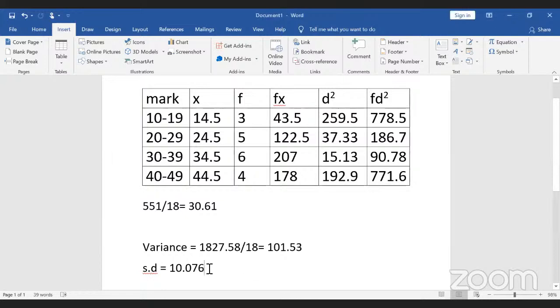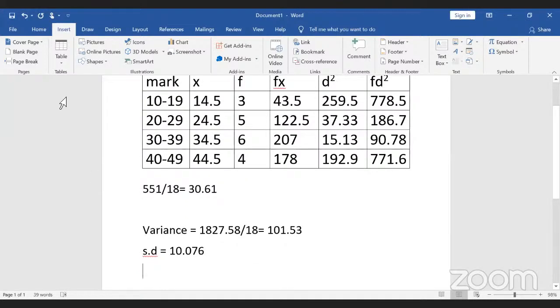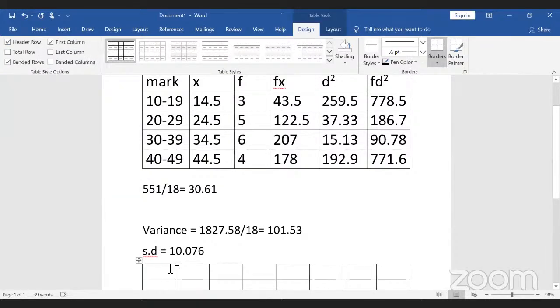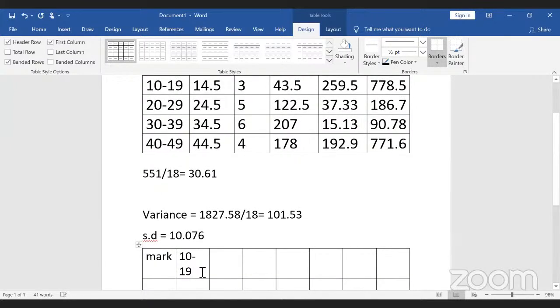So let's have some table so that we could create some question. Assuming now this was the mark, then we have some class maybe from 10 to 19. We have 20, let's say to 29.